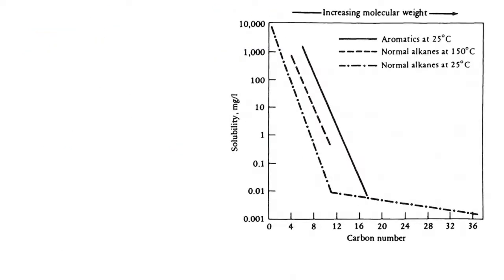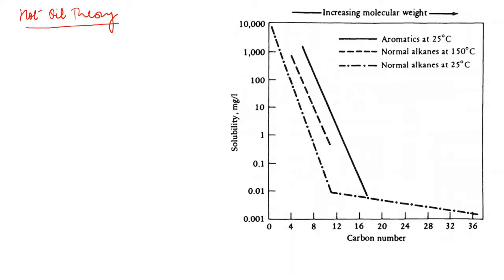So the hot oil theory, what does it suggest? In this it was shown that several crude oils are soluble at temperatures above 150 degrees Celsius, up to the order of 10 to 20 ppm.